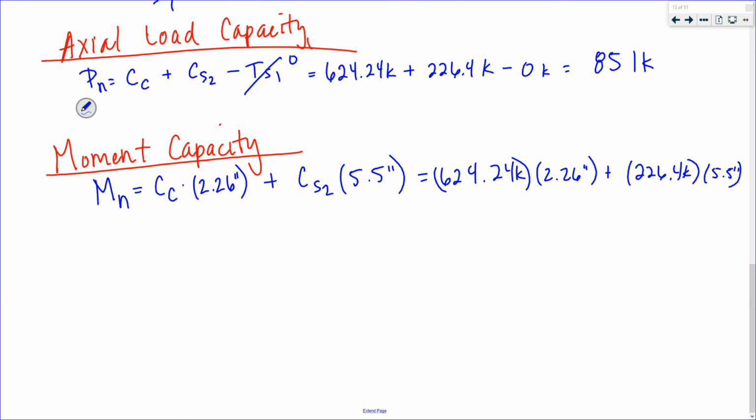Your nominal moment capacity should give you 2,656 kip-inches, or 221 kip-feet.